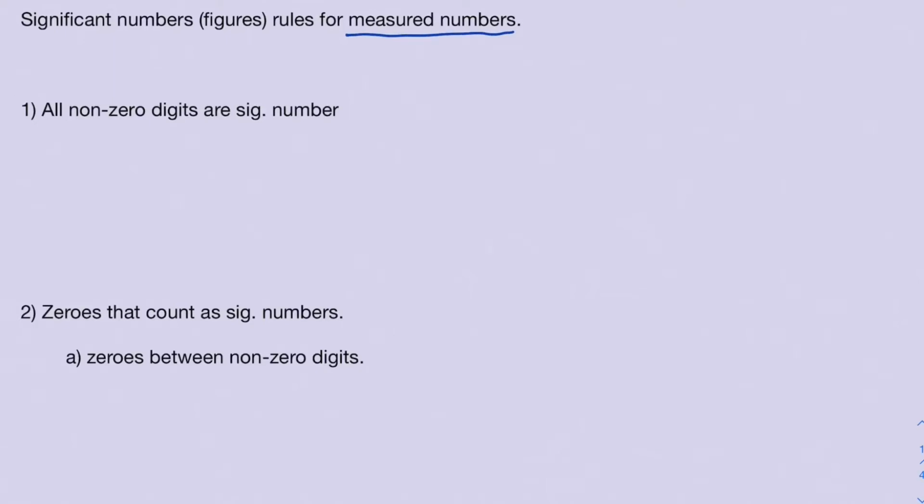The first rule is, if you see any non-zero digit in a measured number, it counts as a sig fig. Assume I have 77 as a measured number, it has 2 significant figures. Assume I have 956, it has 3 digits, all non-zero, so it has 3 sig figs.